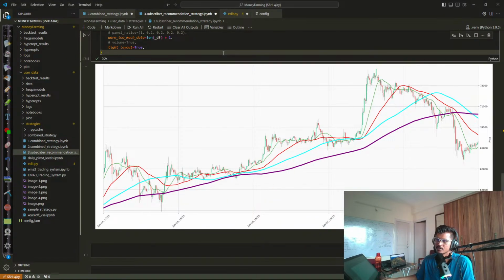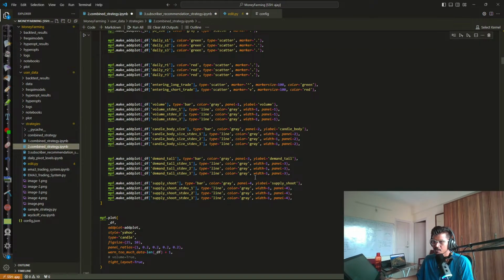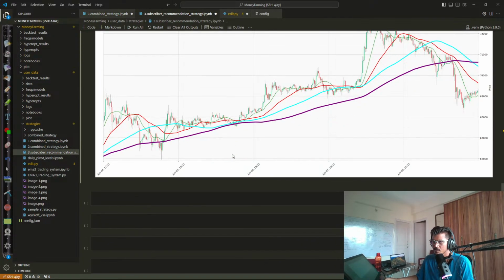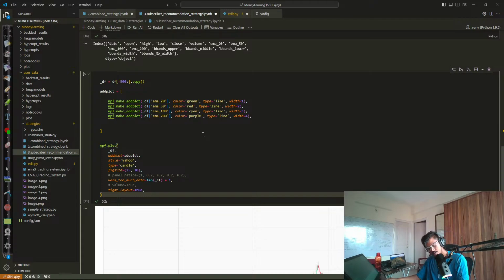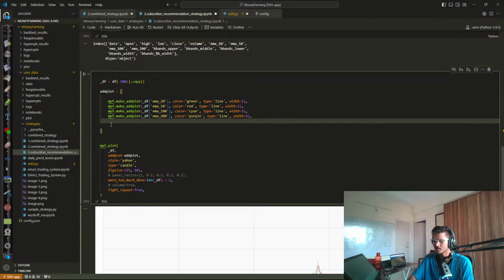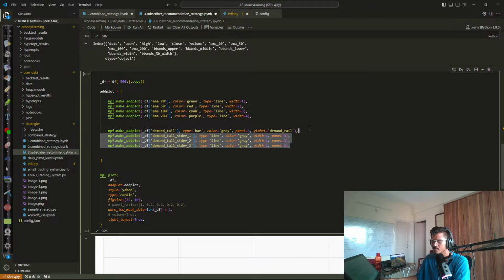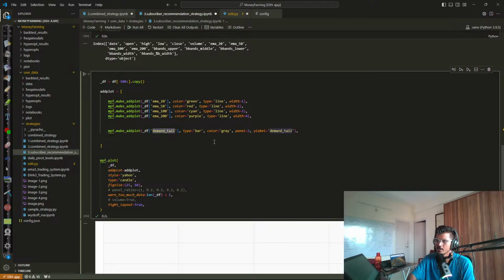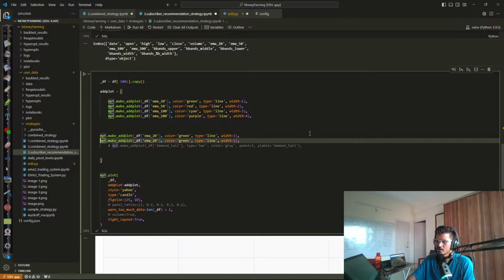Okay, so get some code from here, and what we do is, okay, here what we gotta do is, oh, let's draw Bollinger bands as well. Okay, let's draw Bollinger bands as well. I'm just gonna draw the upper band and lower band.